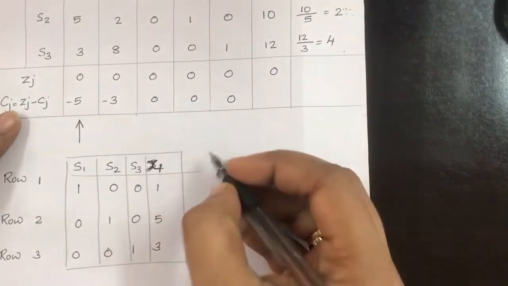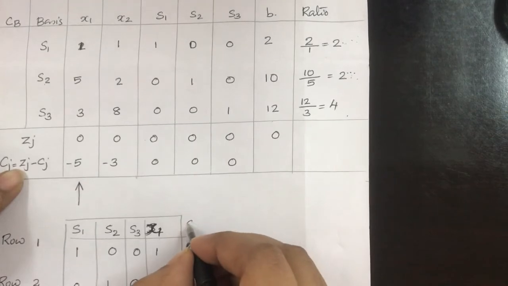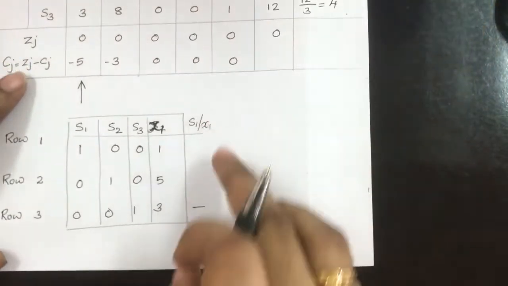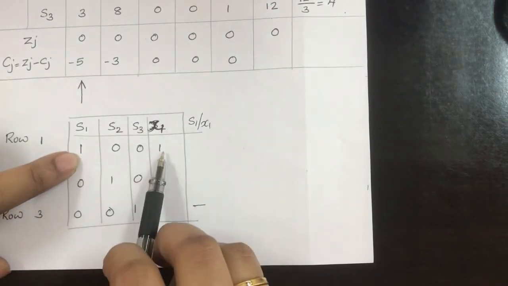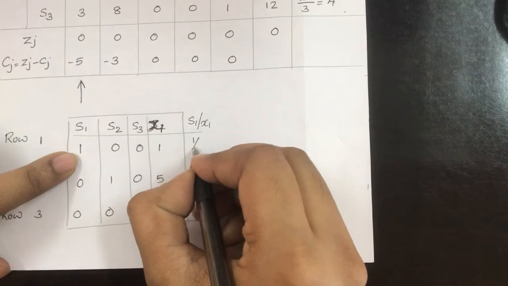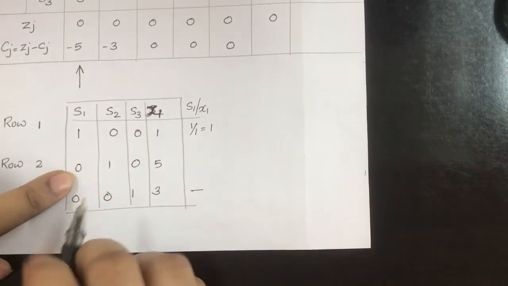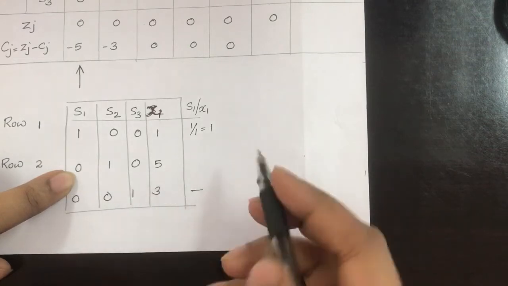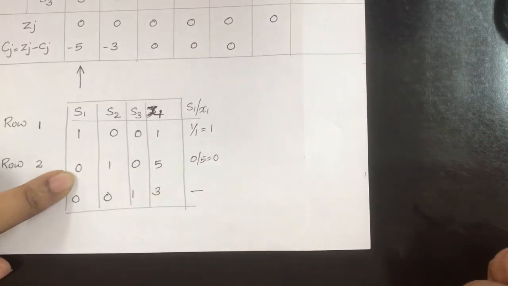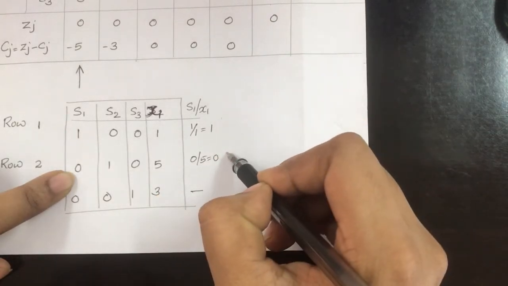In the first ratio we are going to find S1 divided by X1, that is 1 divided by 1, which equals 1. Then 0 divided by 5 equals 0. Look at the ratios, and see which has the lowest value.